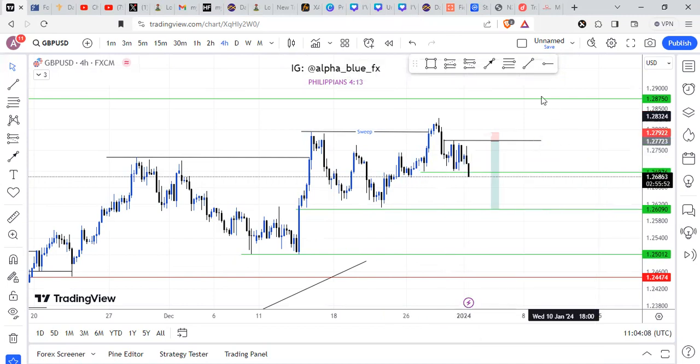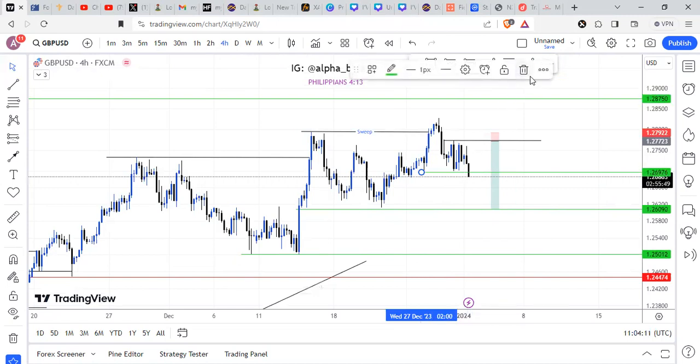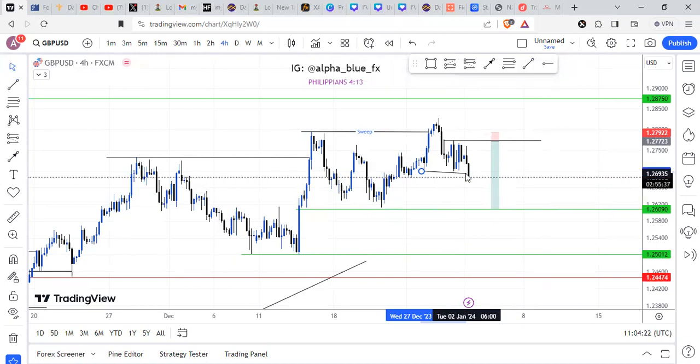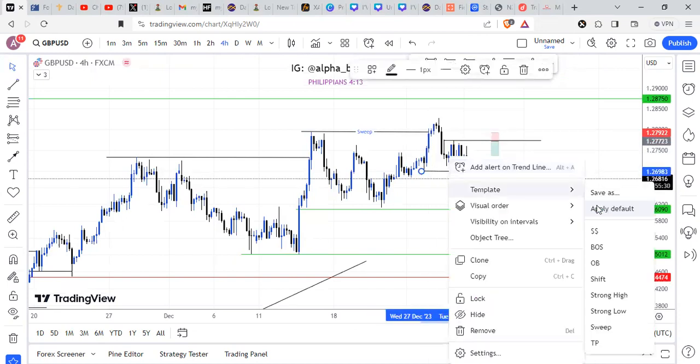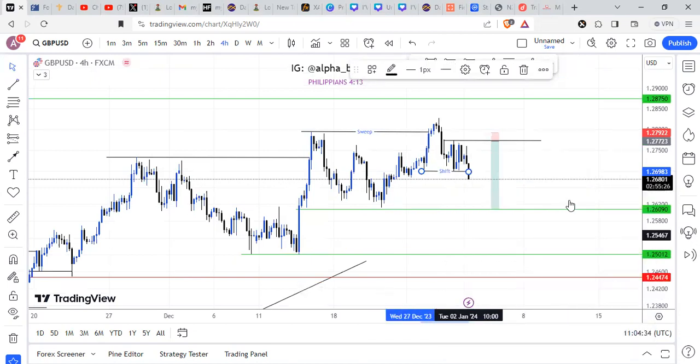So this is the low right here that caused the liquidity sweep. So I'll label it as change or shift.